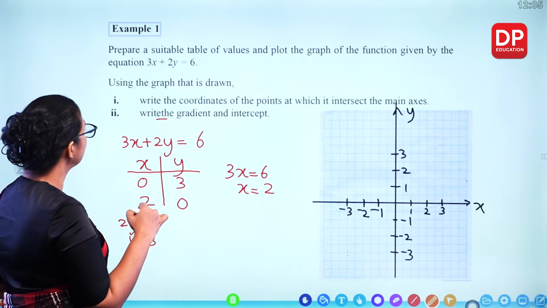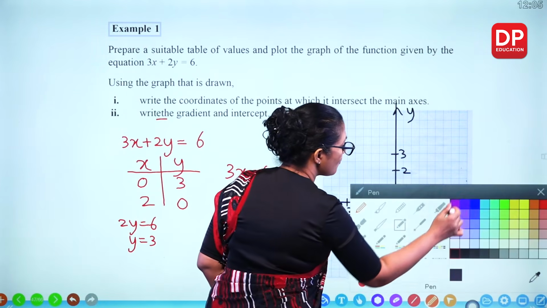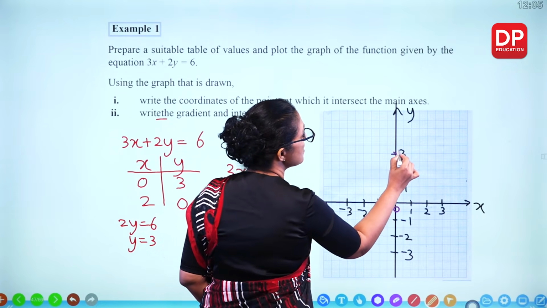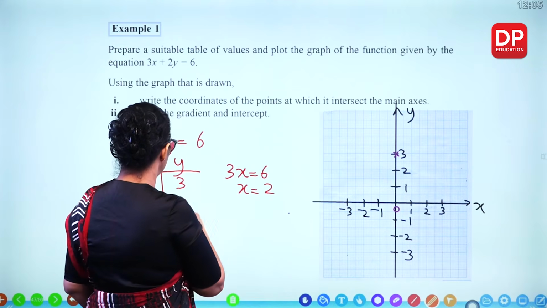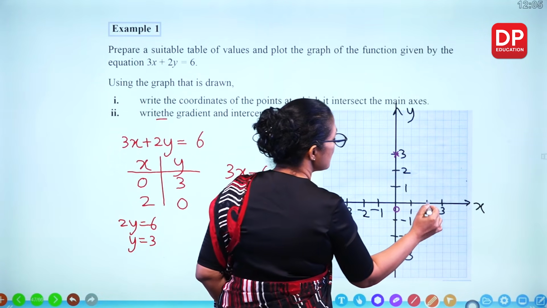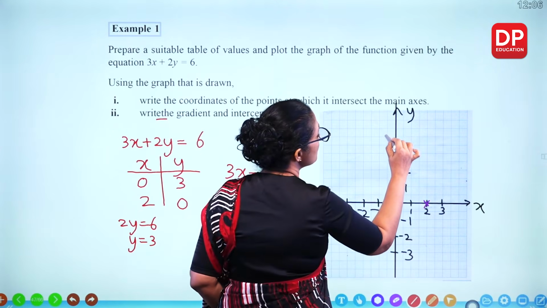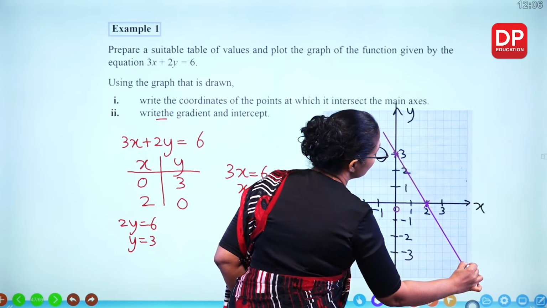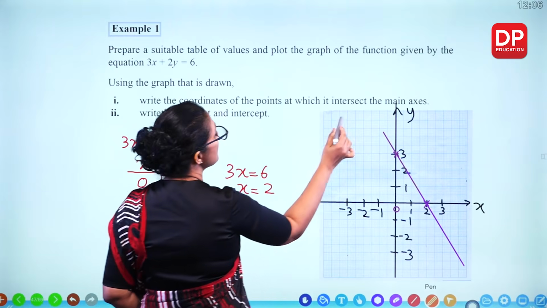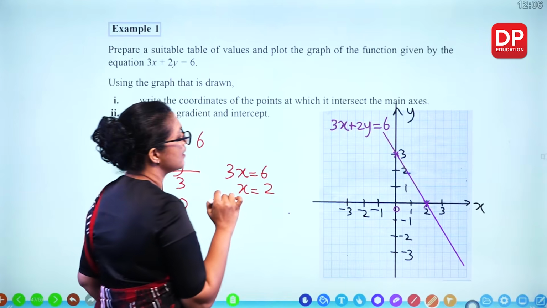Now we'll mark 0 with plus 3. 0 is here, 0 with plus 3. This is the y-intercept. X equals 2, y equals 0. This point. Now we'll connect these two. This line. So what's the equation? 3x plus 2y equals 6 line.